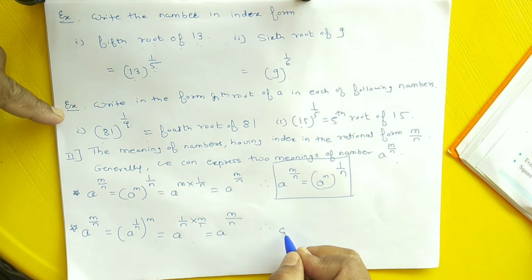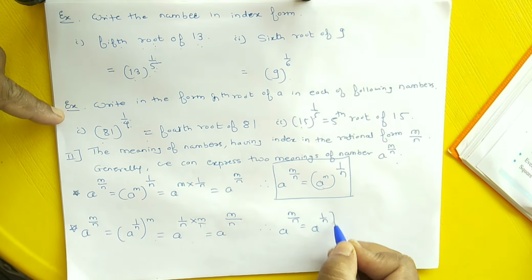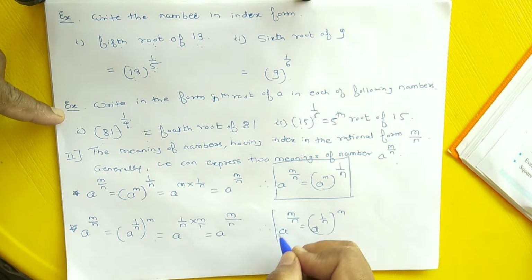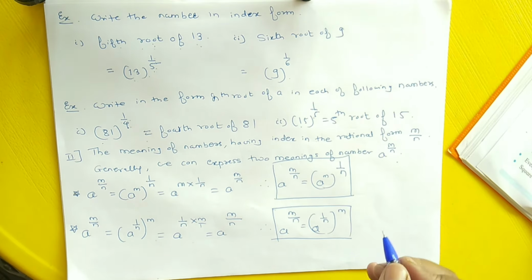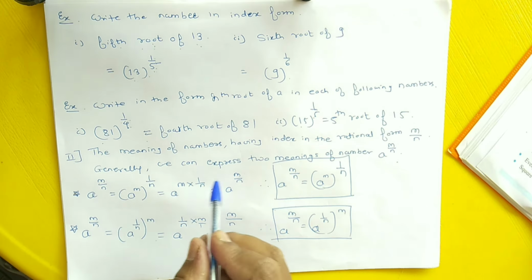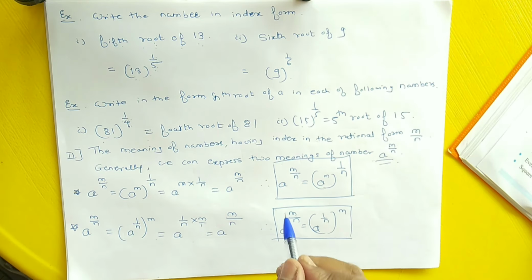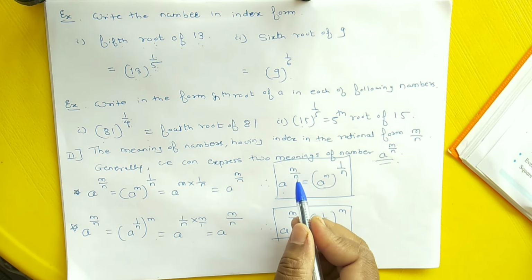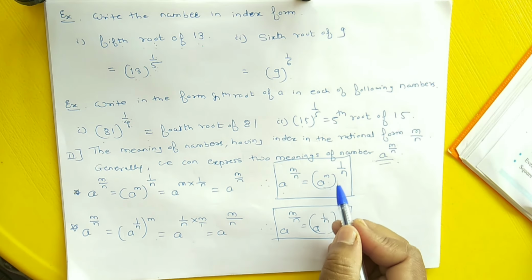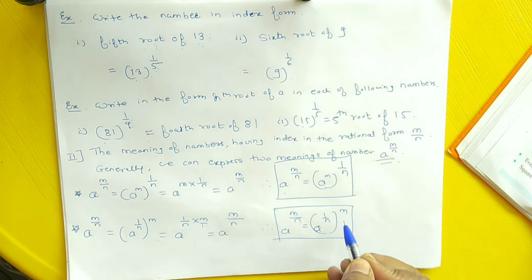So we can write a to the power m upon n is equal to a to the power 1 by n into m. Just we are changing the position of these powers. We can express a to the power m by n in these two ways. First way, a to the power m by n as a to the power m into 1 by n, and second, a to the power m by n is equal to a to the power 1 by n, whole to the power m. But what is the meaning of this?